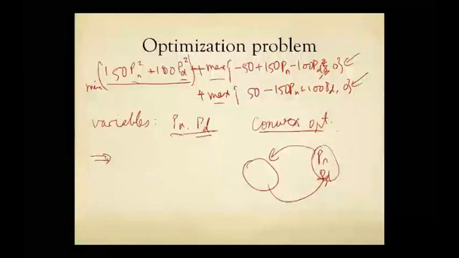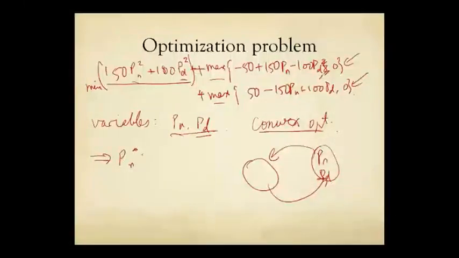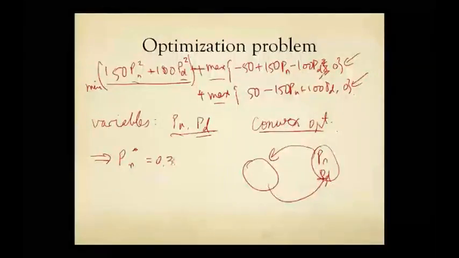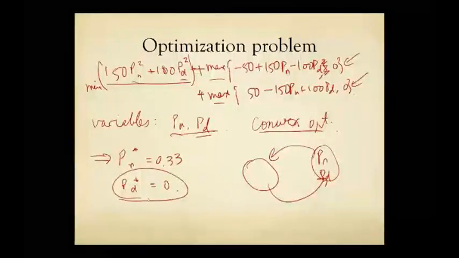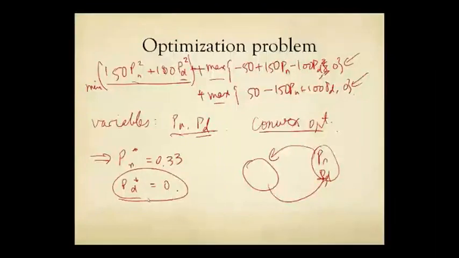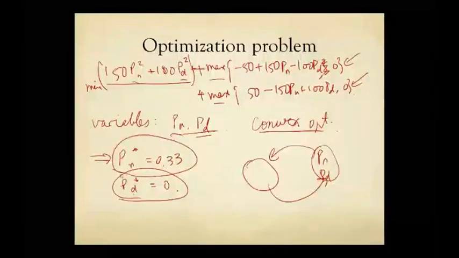And you see that the resulting Pn star is 0.33 and Pd star is 0 indeed. You should provide no incentive for traffic to go into daytime. That's what Pd denotes, and the optimized value is indeed 0 because daytime is already overcrowded.